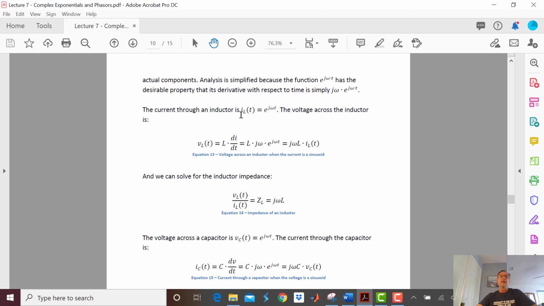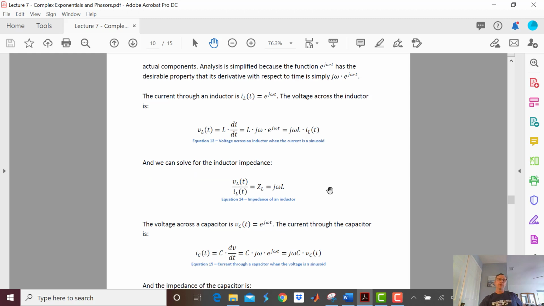We said that the current is a complex exponential, so we could get its derivative and throw it into our wonderful equation for the inductor, and we ended up with j omega L as the impedance.